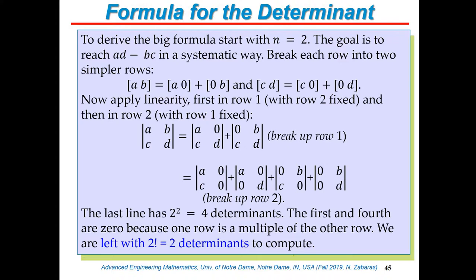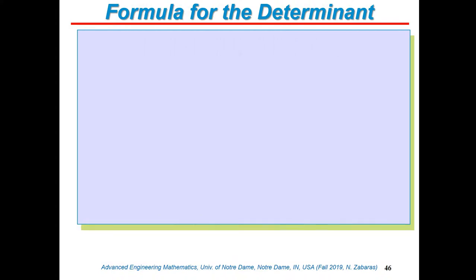Okay, and so now we need to evaluate the second determinant that you see here, and we need to evaluate the third determinant. They look obvious, but let's do that using the fundamental laws that we have discussed up to now in our lectures.